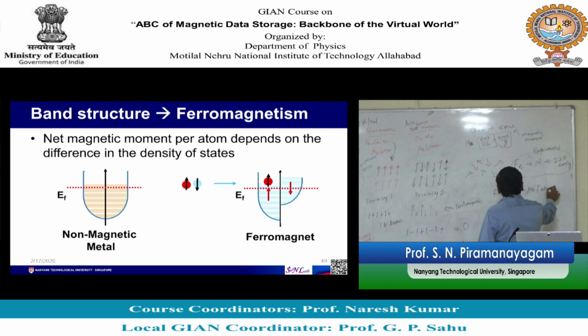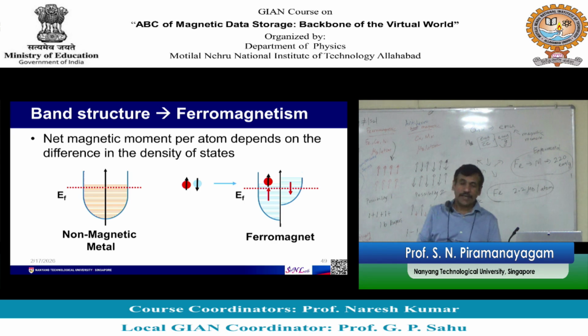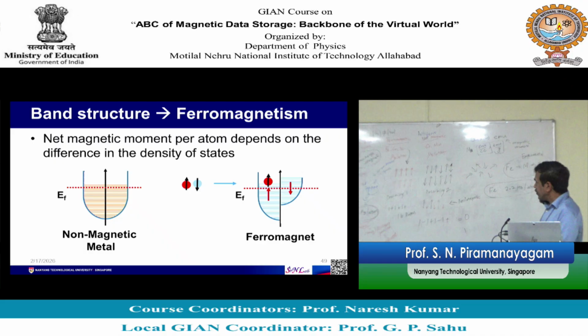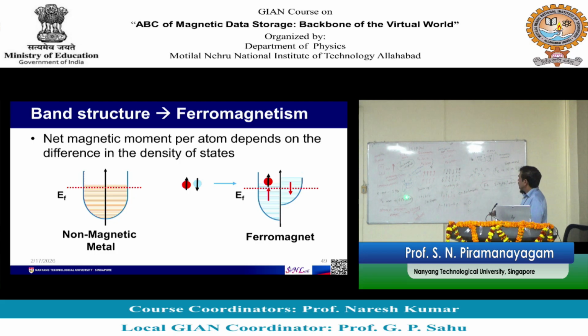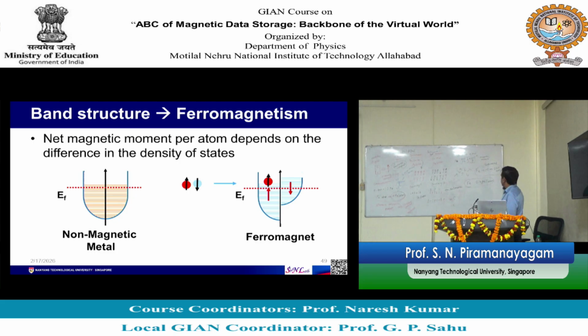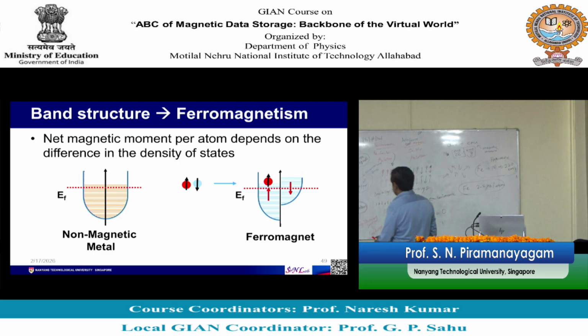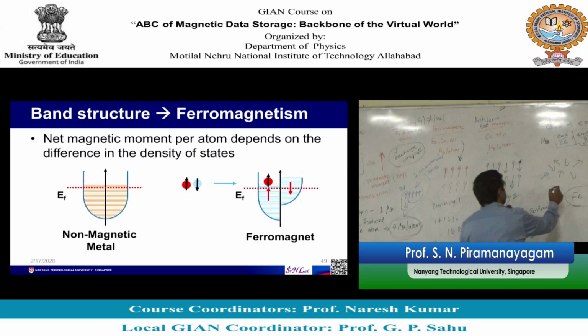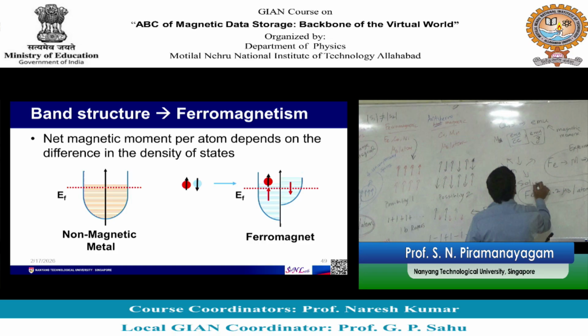Okay. If you take an isolated iron atom, it will have 4 Bohr magneton per atom. Okay. Isolated iron atom. But in a solid, we have many atoms.